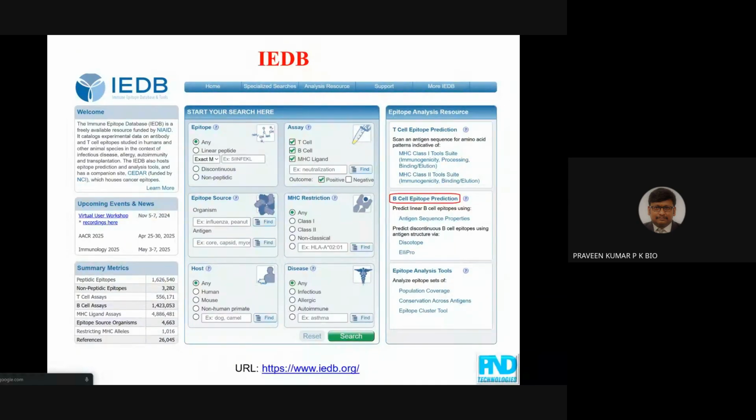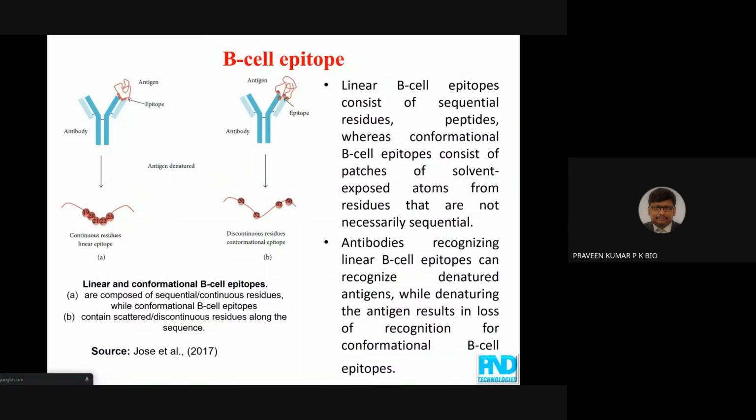IEDB, this is what we have been discussing since the day before yesterday. In IEDB, not only can we predict the T cell epitope, we also have a specific tool for B cell epitope prediction. Okay. And related to B cell epitopes, just a recap, we have two types of epitopes in B cell. One is continuous residues or linear epitope.